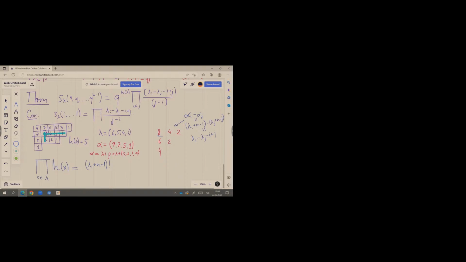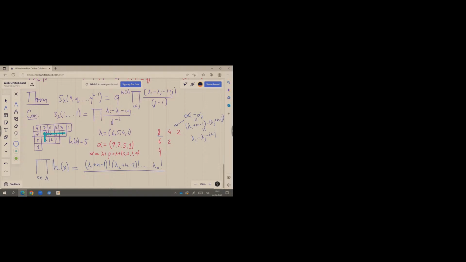times lambda 2 plus n minus 2 factorial, and so on up to lambda n factorial, divided by the missing numbers.